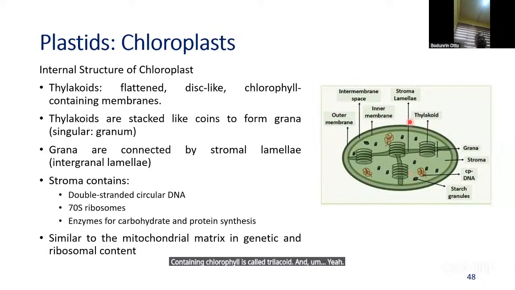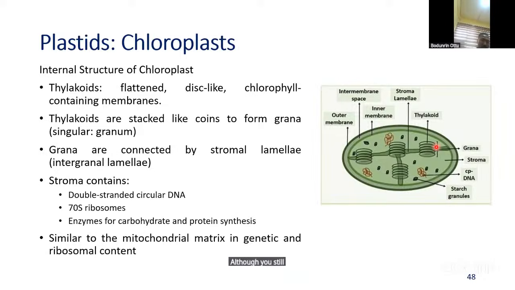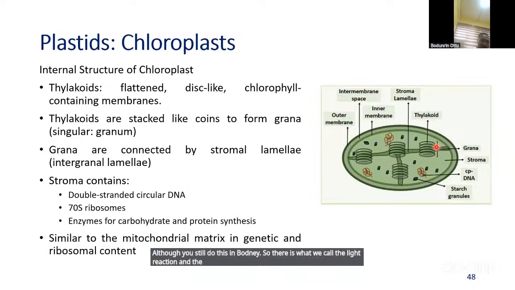So when you talk about photosynthesis, I'm not going to delve too much into it because I want to give you an assignment. I want you to read up, although you will still do this in botany. There is what we call the light reaction and the dark reaction.